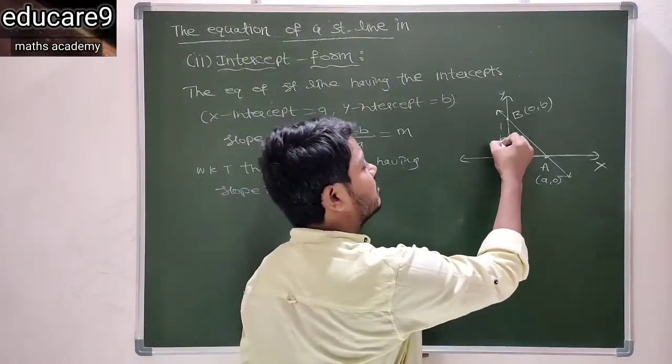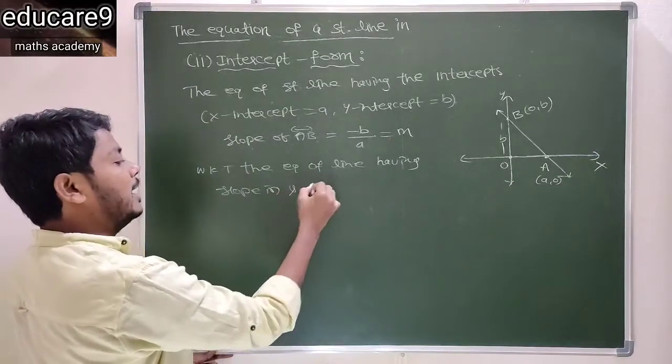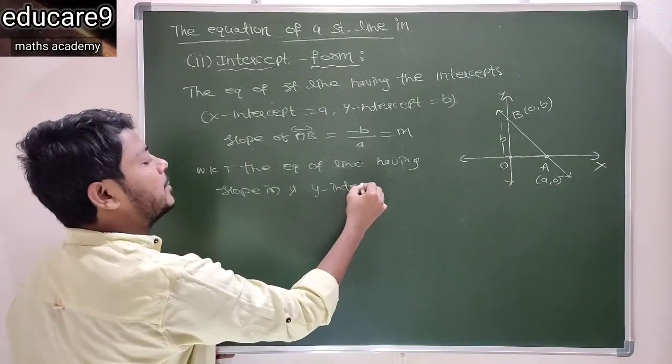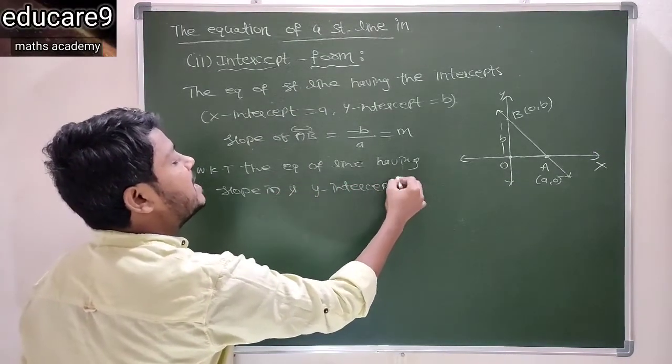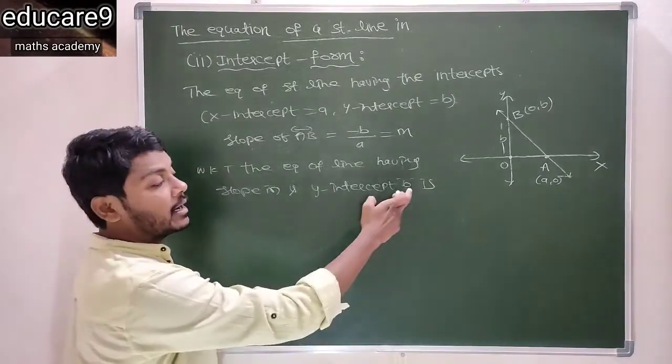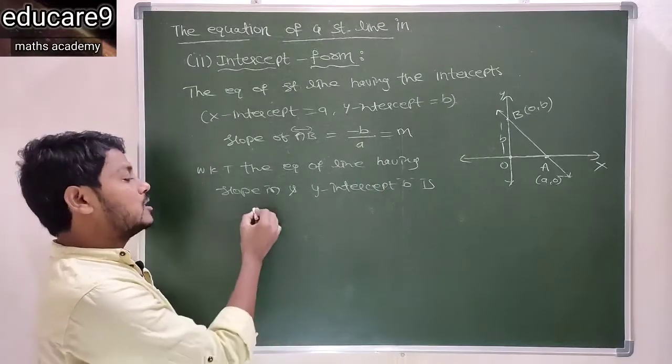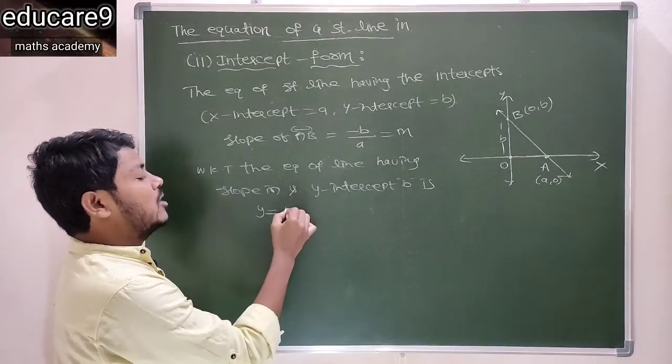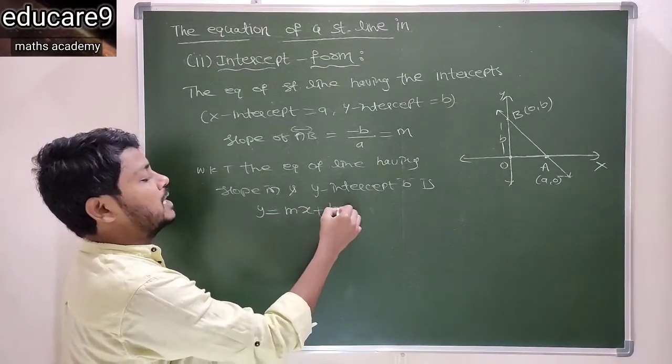B only, no? And y-intercept B is what? Y is equal to mx plus c, but here the y-intercept is b. So what is the equation of the straight line? Y is equal to mx plus b.